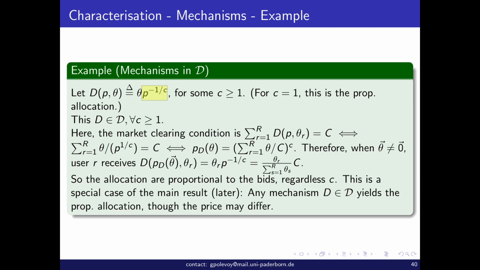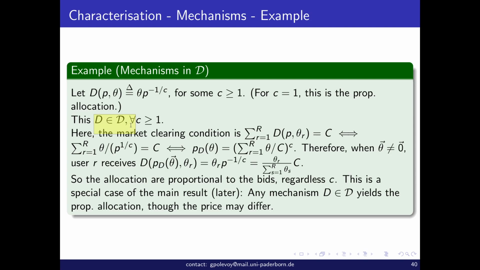Now for c equal to 1, it's theta divided by p, exactly what we said. Not only for c equal to 1, but for any c which is at least 1, it's easy to see that this d is in calligraphic D. You can take it as an exercise. So all those are in the class.